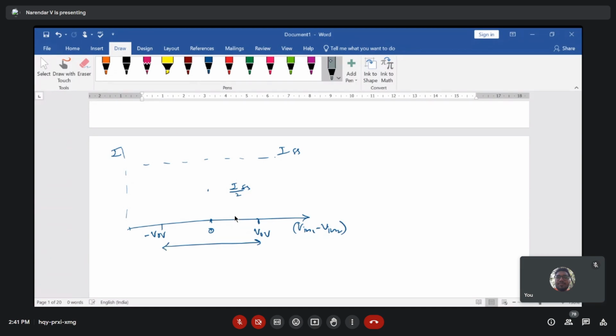Now if I draw a plot here for this, then I can write it as something like this, and this is becoming constant, and here this is what is becoming constant, right?